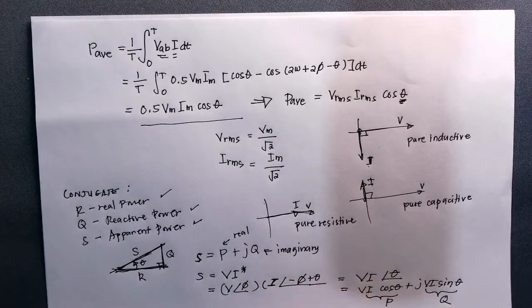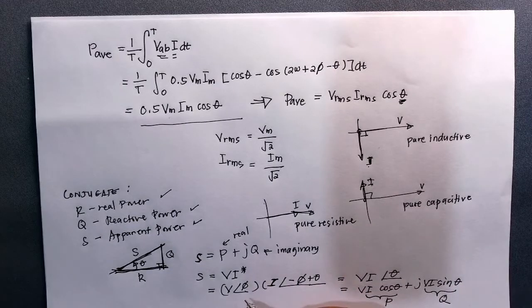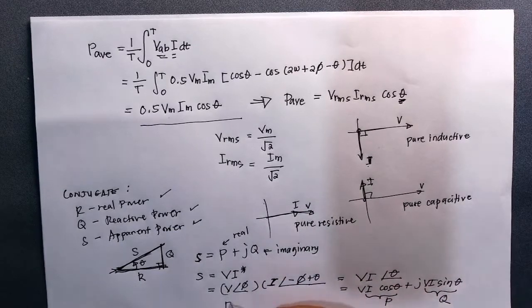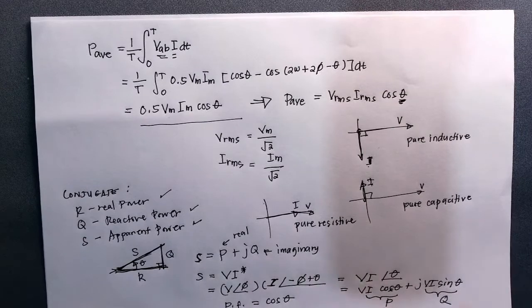Okay, so again, the cosine and sine functions of the angle theta are known as the power factor and the reactive factor. Okay, so the power factor, or PF, is cosine theta, and the reactive factor is sine theta.